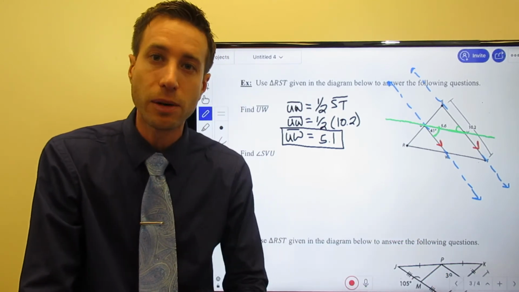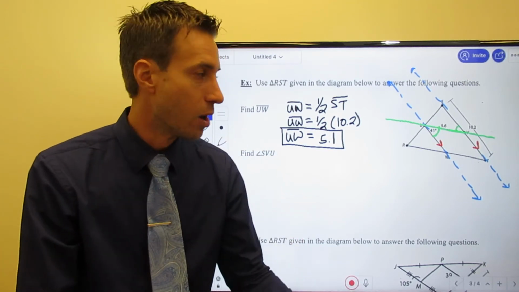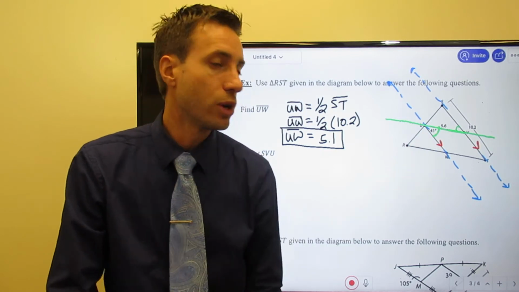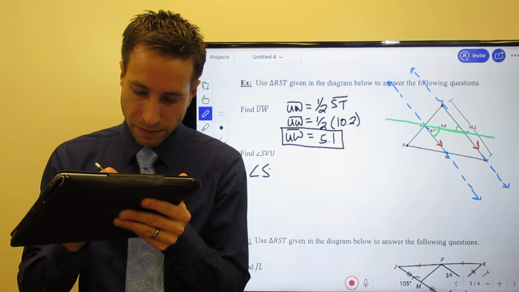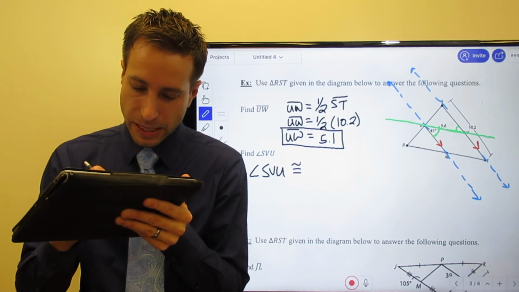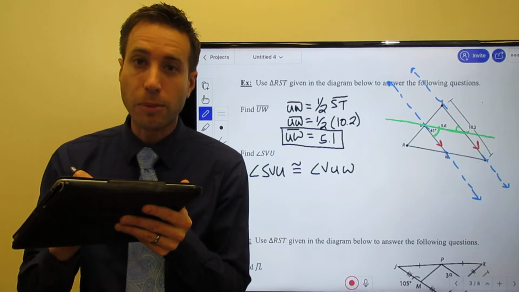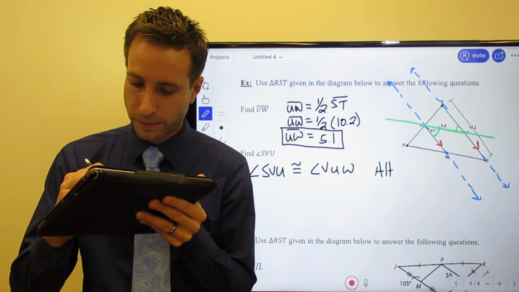That was one of our theorems back when we did parallel lines cut by a transversal. So what does that mean? Well, that means SVU is congruent to this guy, which is 41. So angle SVU has to be congruent to angle VUW. Why? Alternate interior angles.